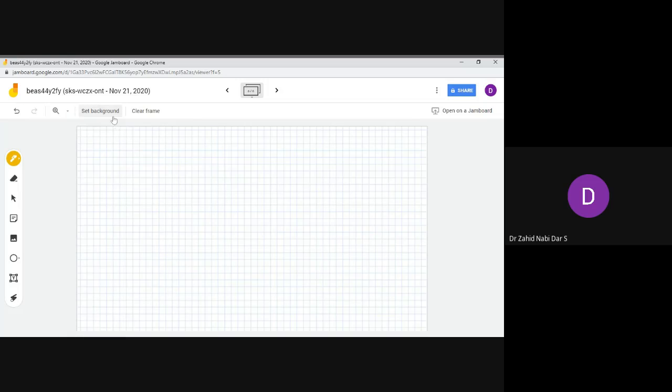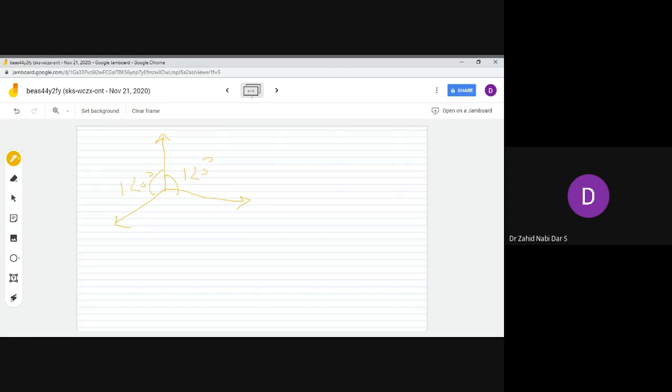These three phases are placed 120 degrees apart. In the phasor diagram, if you have a phase R and another phase Y, between R and Y there is 120 degrees, between Y and B this is 120, and between R and B again this is 120.